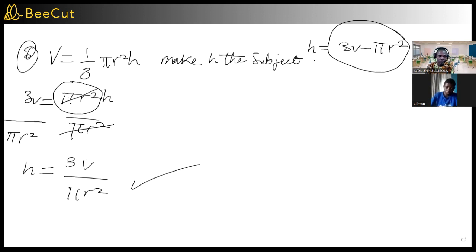This one says we are to make b subject of the formula in m equals p over b minus b. Let me write that. Number 7: b minus b where m equals p. So make b subject. Try that now.